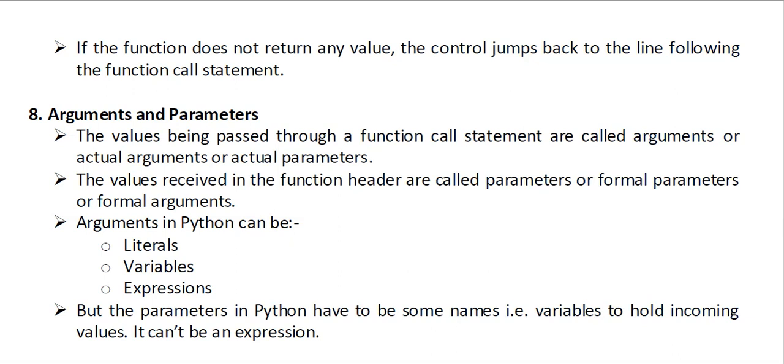When you give that value in the function call, what will happen? It will jump to a separate execution frame and those values will be copied there. So the original ones that you passed are called actual arguments or simple arguments, and when they are copied to that execution frame, those are called parameters or formal parameters.